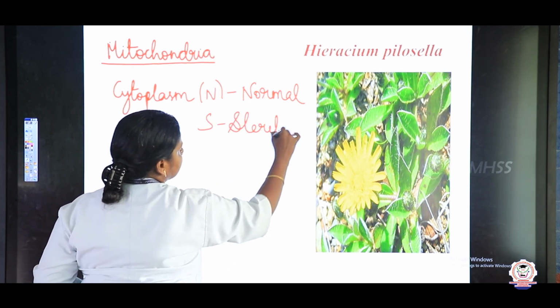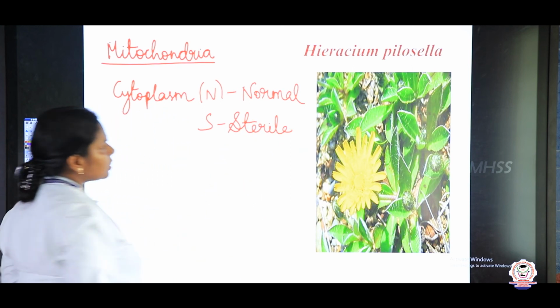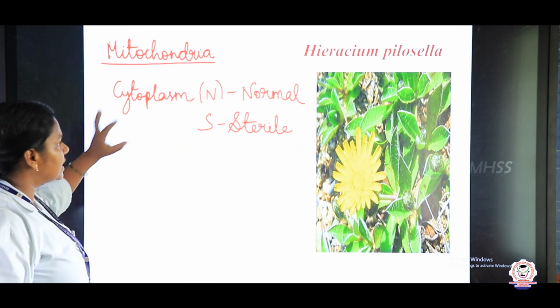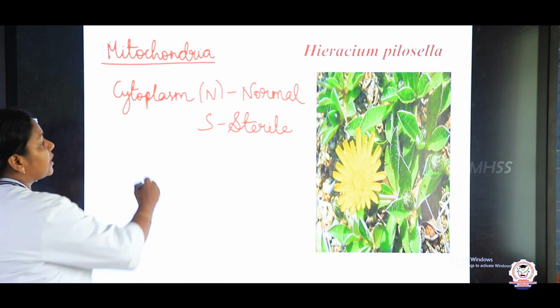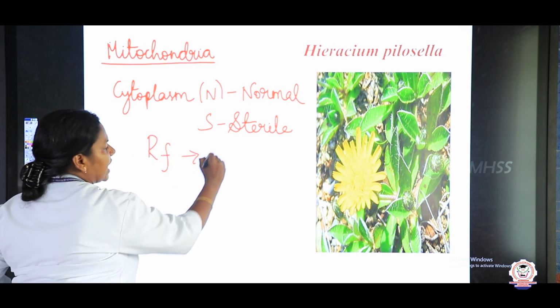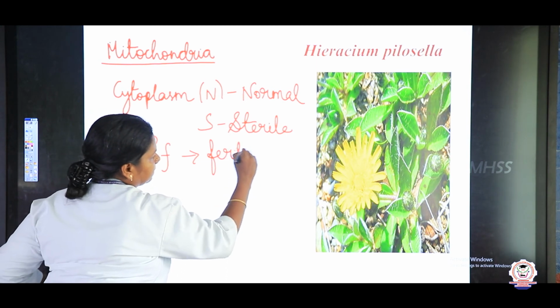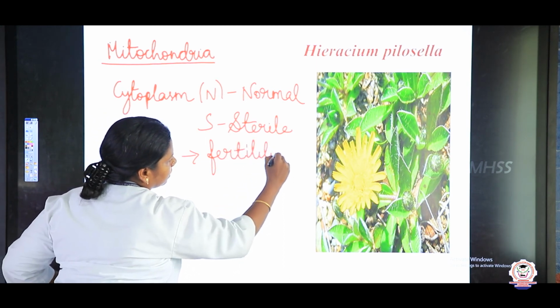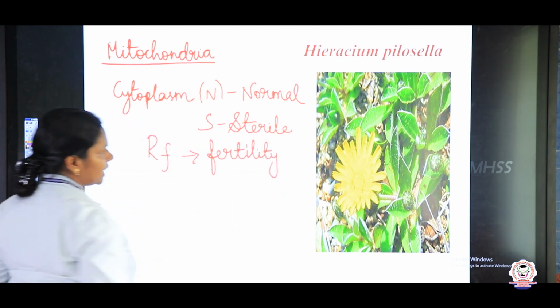The male plant is said to be sterile. So there are two factors present in the cytoplasm, and in mitochondria there is a factor called RF, which is responsible for enhancing the fertility, right.